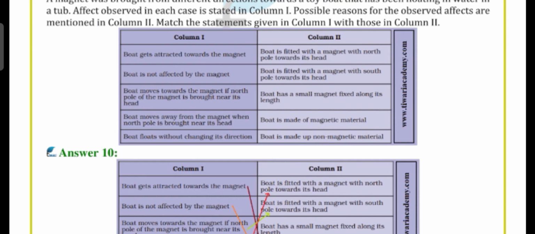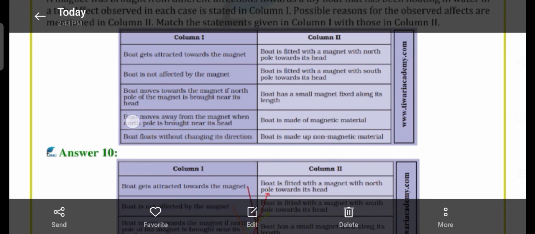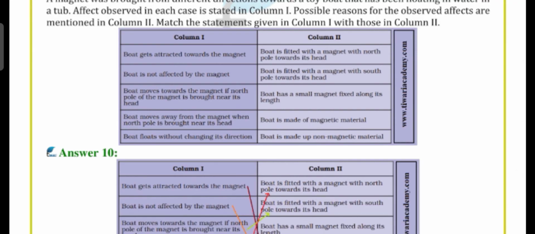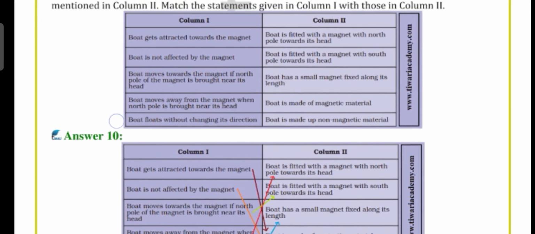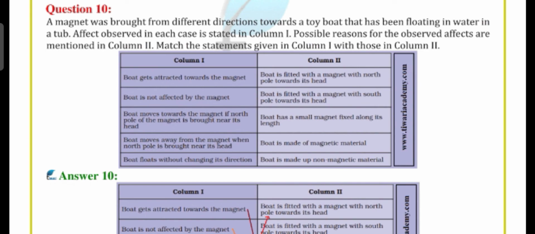Then next, the boat moves away from the magnet when the north pole is brought near its head. What does it mean?